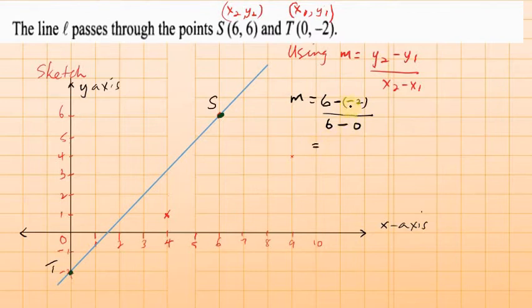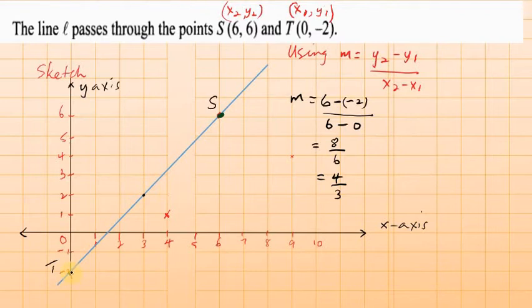So this is equal to 6 minus minus 2, chain of signs, 6 plus 2, which is equal to 8 over 6, which is 4 over 3. So this is saying that as I go upward by 4 units, 1, 2, 3, 4, I come across by 3, 1, 2, 3, and I get this point here.